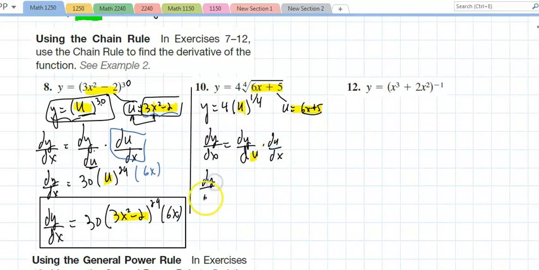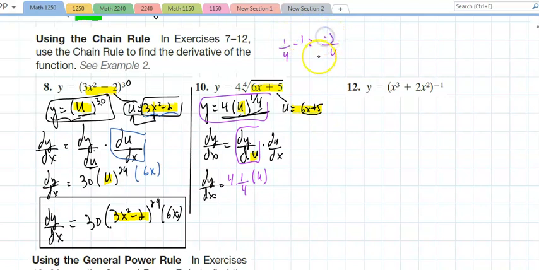So dy dx is, what's the derivative of this with respect to u? 4 times, bring the power down, subtract 1 from the power, 1/4 minus 1, negative 3/4, times the derivative of this.